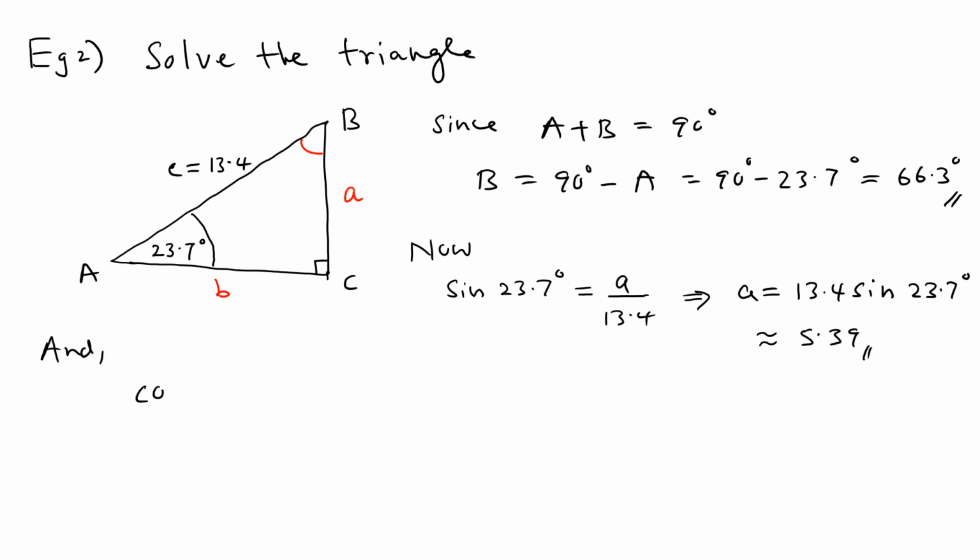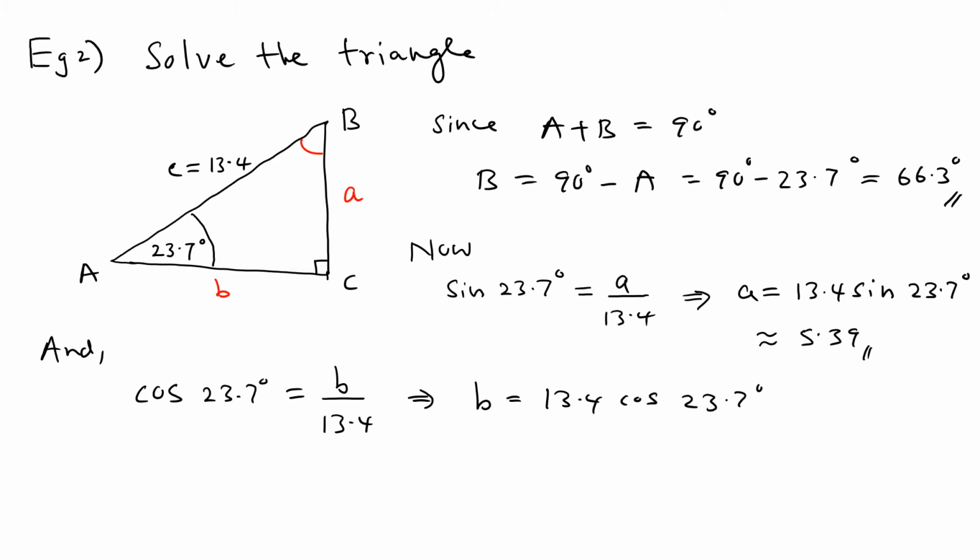Write in the cosine, so say cosine 23.7, which is b over the hypotenuse, which is 13.4. And as before, b is simply the cross multiplication, so it's 13.4 cosine 23.7.